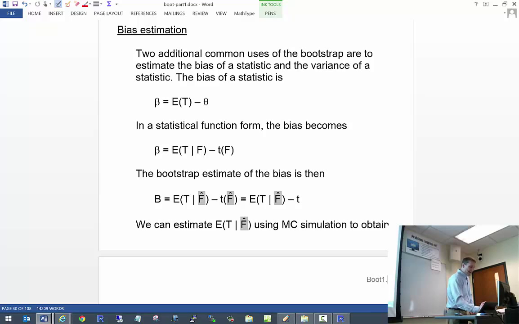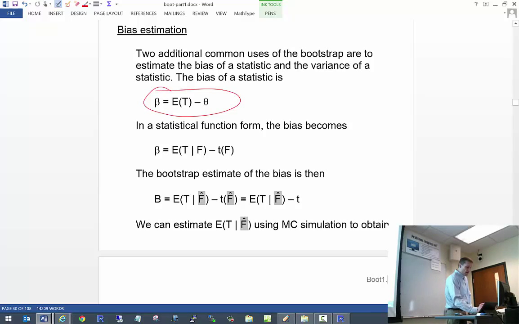So back in Stat 883, you'll learn what the bias is: the expected value of T, your statistic of interest, minus the parameter theta that you're trying to estimate. We're going to call the bias beta, for the lack of a better letter. Now, we can write this a little bit more formally than what you would do in Stat 883.